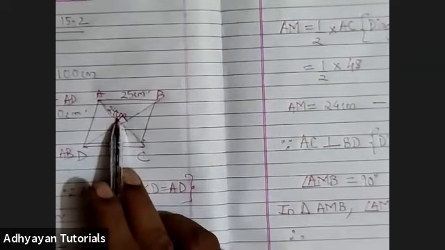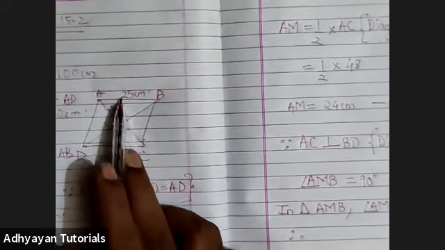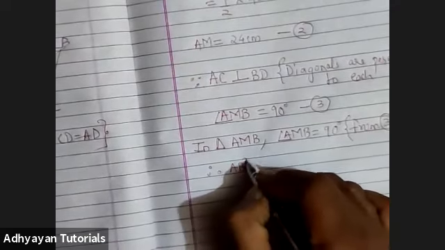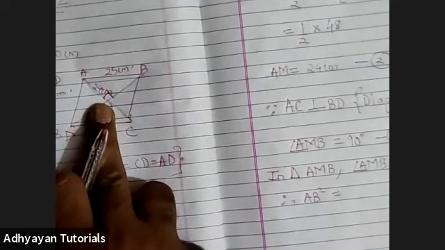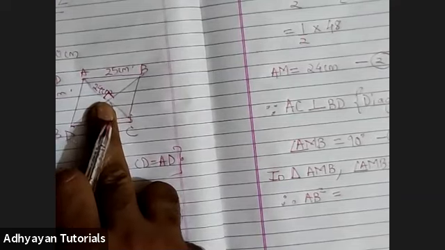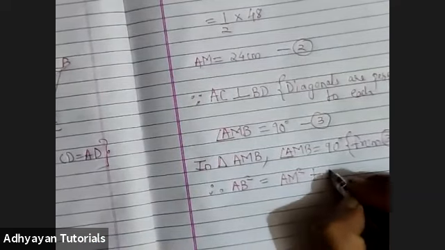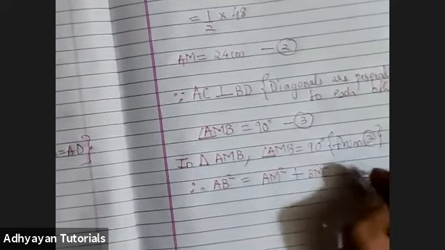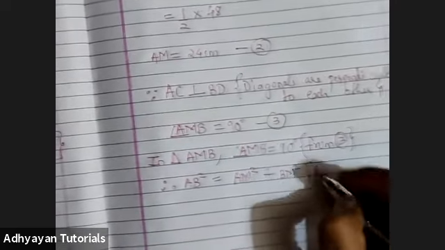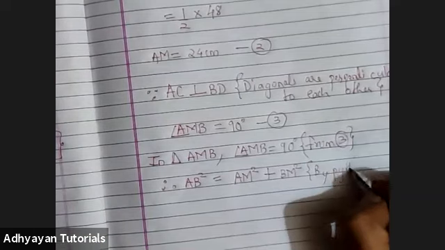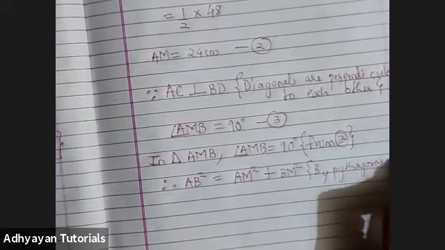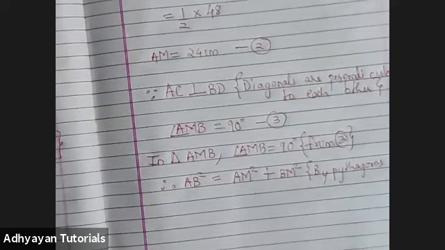Look at the figure. The 90 is here at AMB, so opposite 90 is AB, that is the hypotenuse. So AB square is equal to the sum of the squares of the other two sides, that is side 1 square plus side 2 square. So AM square plus BM square. The reason, by Pythagoras theorem, right children?